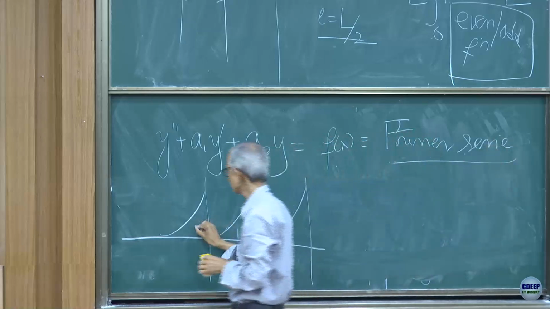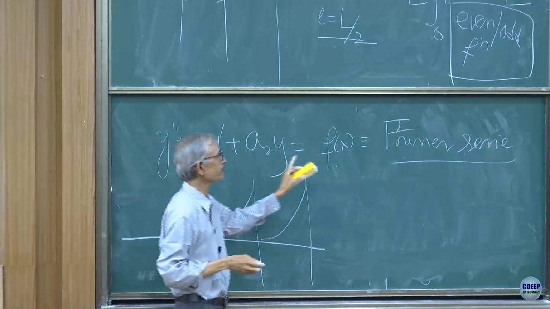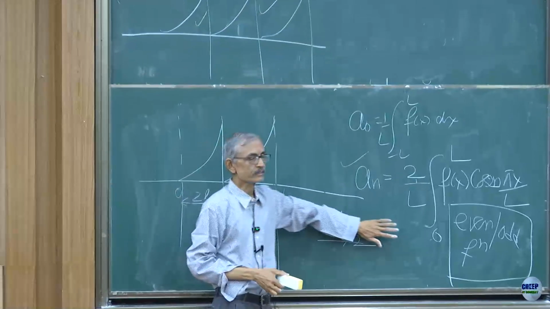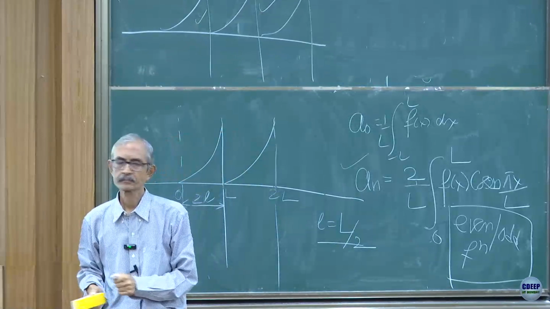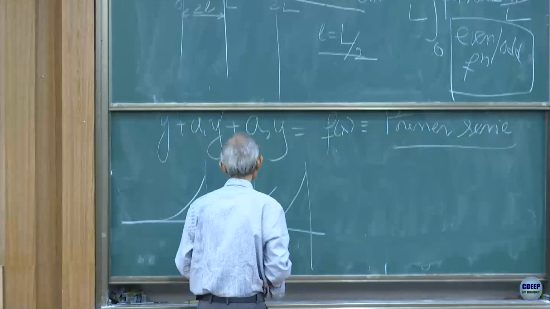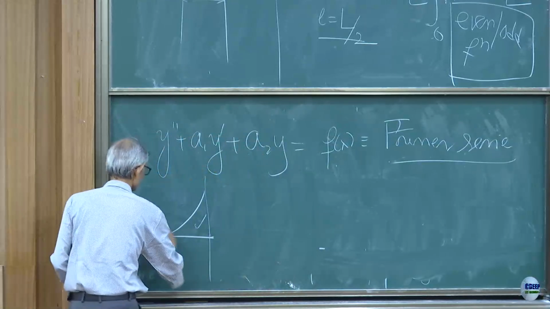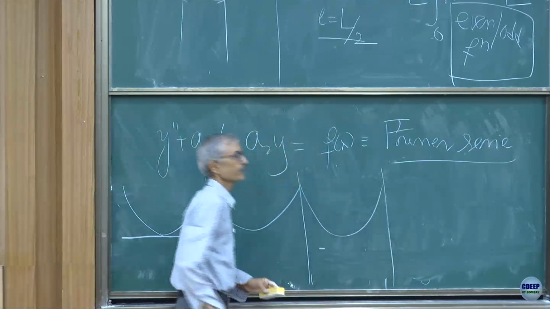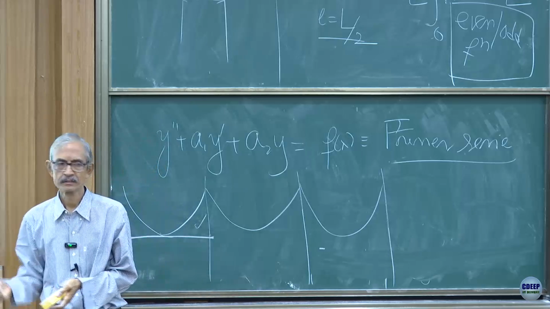So this is given to you, and if you have to represent the right hand side as the Fourier series, this is the formulation that you are going to be using. If, however, we say that the right hand side was this, then you have another Fourier series.